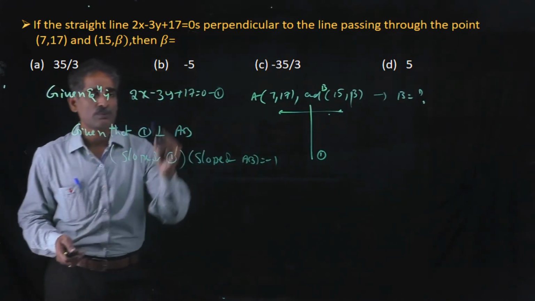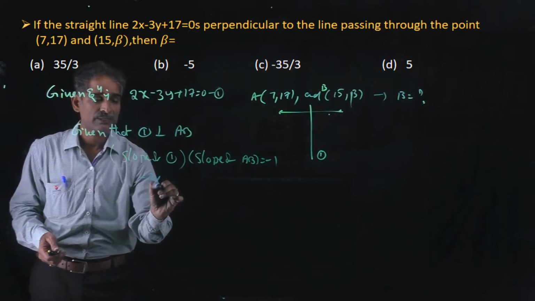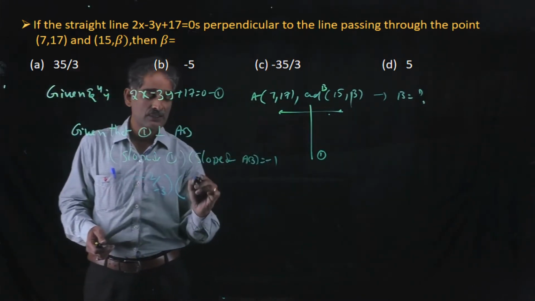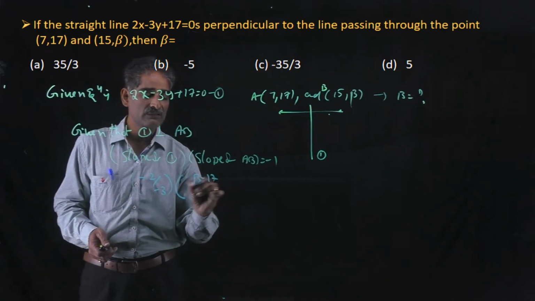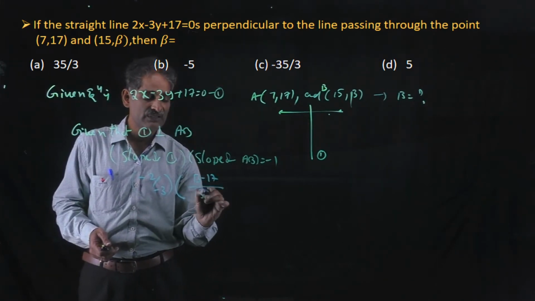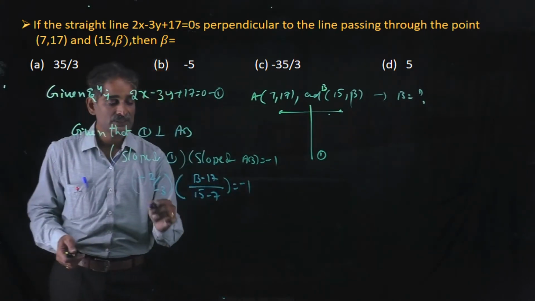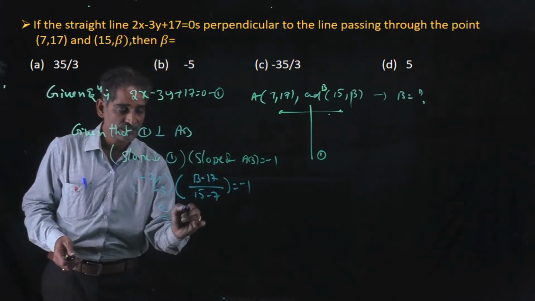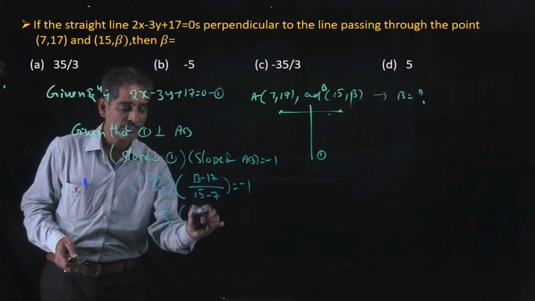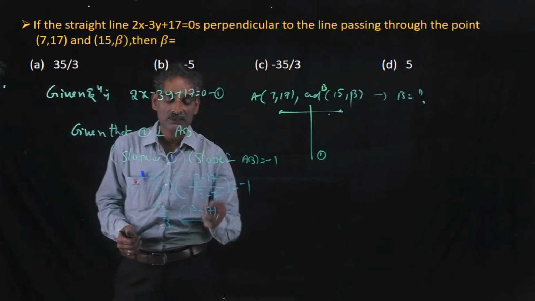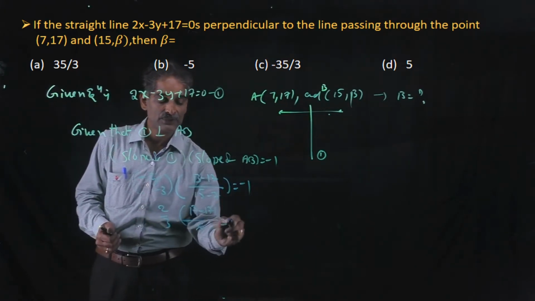What is the slope of 1? Minus 2 by minus 3 into the slope of AB, (beta minus 17) by (15 minus 7), is equal to minus 1. Here the minuses cancel. 2 by 3 into (beta minus 17) by 8 is equal to minus 1.